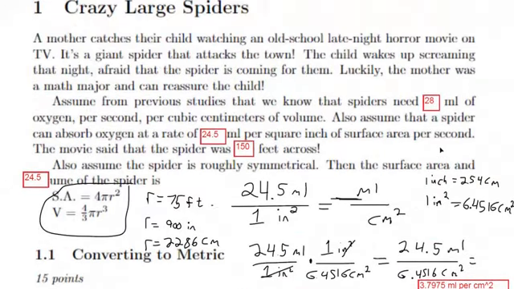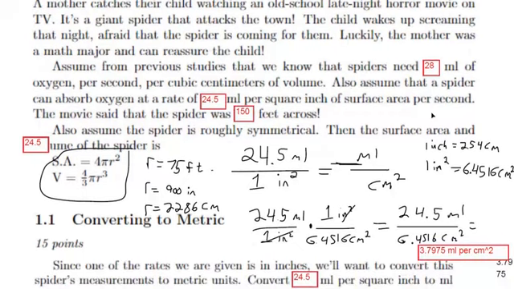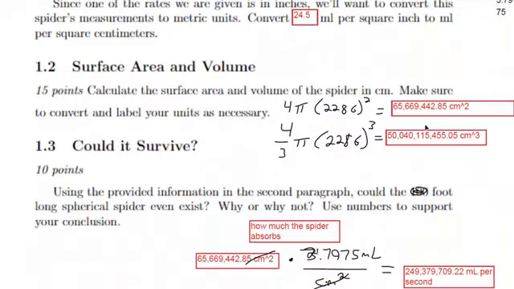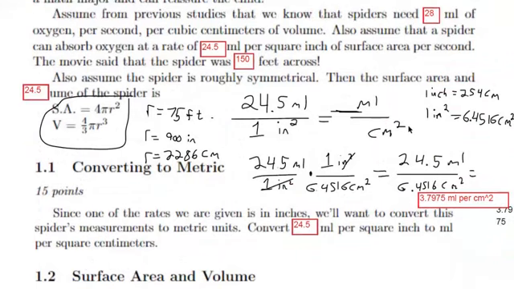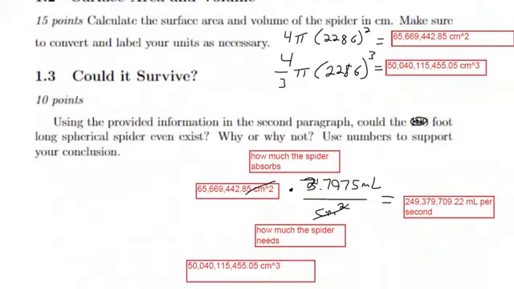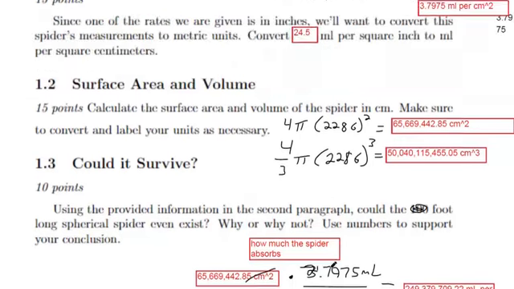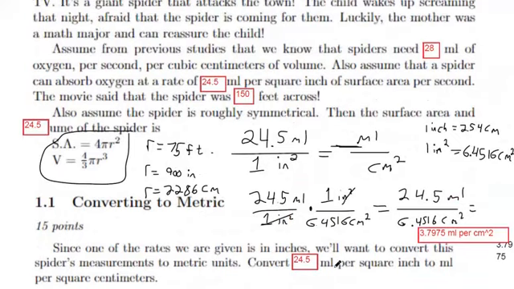And for my spider, its needs were 28 milliliters of oxygen per second per cubic centimeter of volume. So we're going to multiply again by 28 milliliters per cubic centimeters of volume, and that's already in the right units.